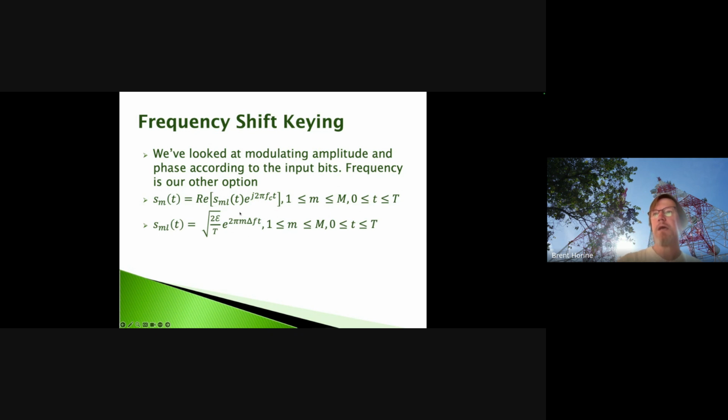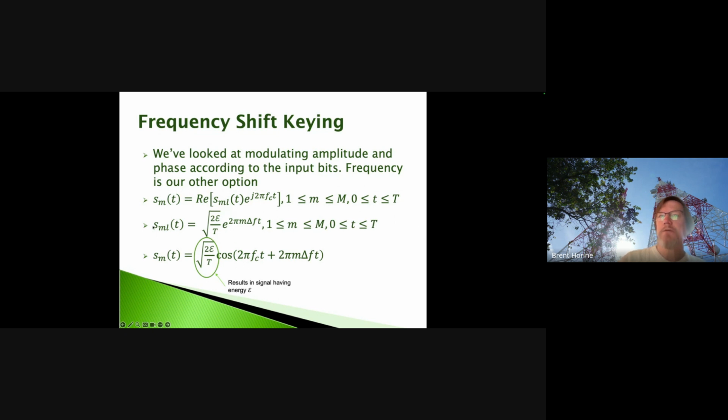Now if we plug in a delta F term here, only focusing on this S_ML, the low pass equivalent of it, this is your energy term out there. We're just scaling that, so we have a signal with energy of this epsilon when we square it and integrate over time t.